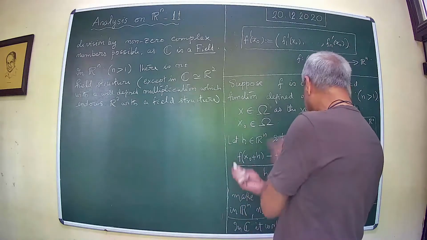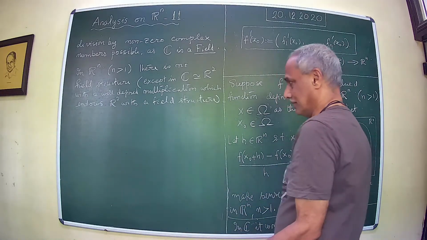Why? Because 1 by h is no more a vector.